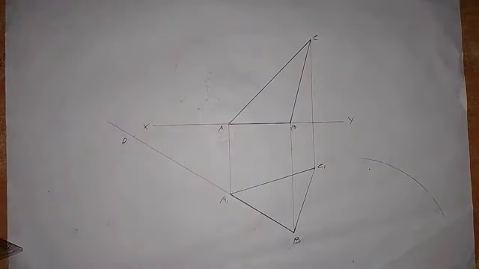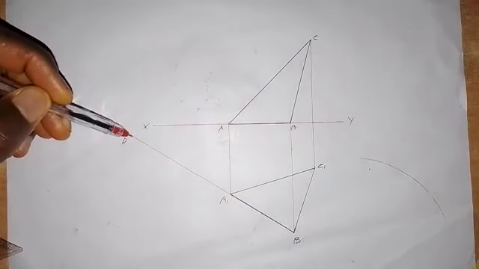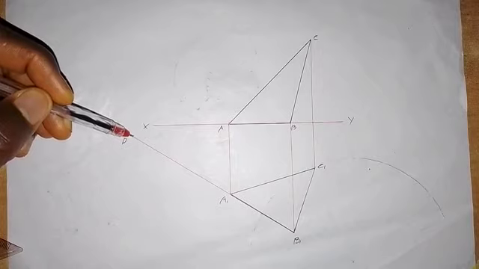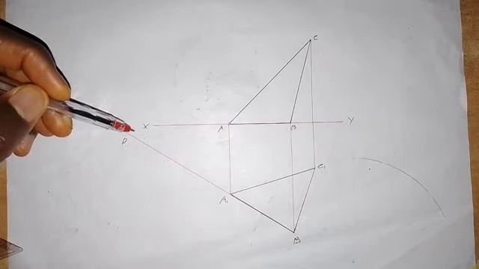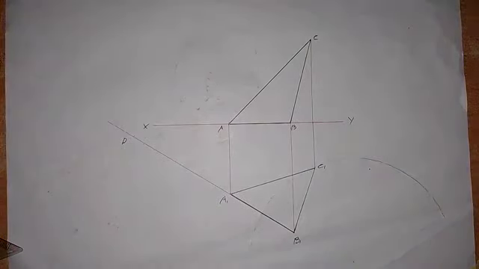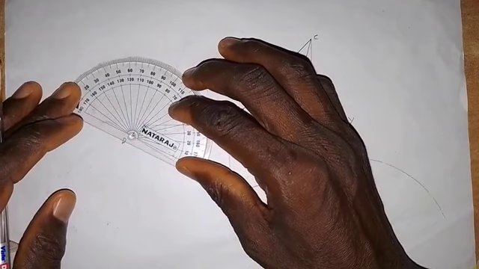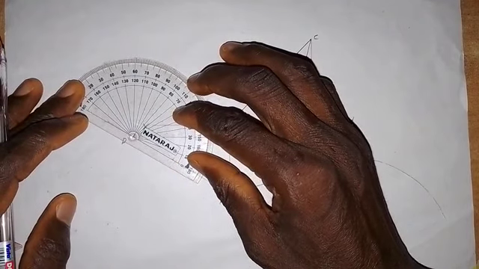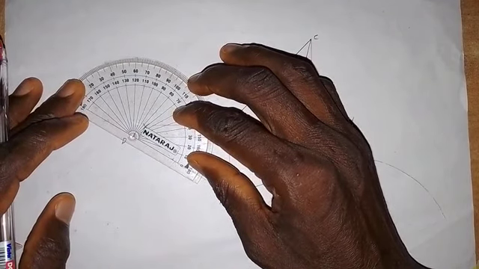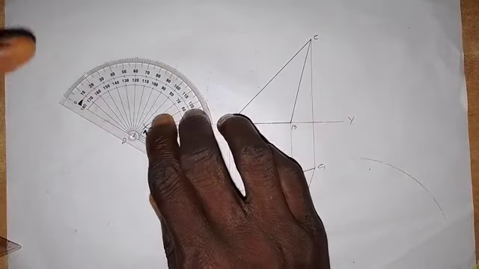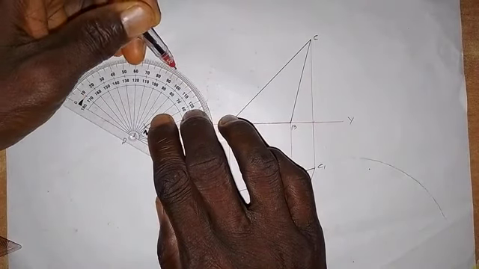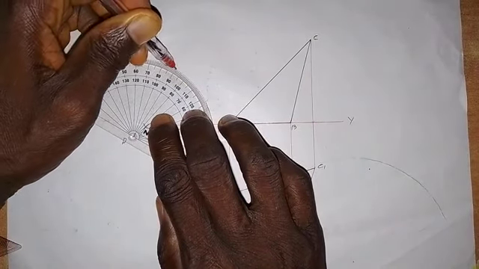What we are going to do now is construct a line perpendicular to point D, a line at a right angle at point D. We need to make use of our protractor in this case. So we set our protractor at point D, and with the protractor at point D, we put a point here at 90 degrees.